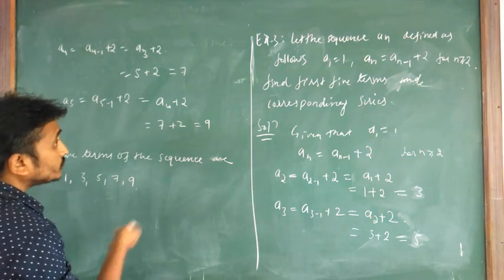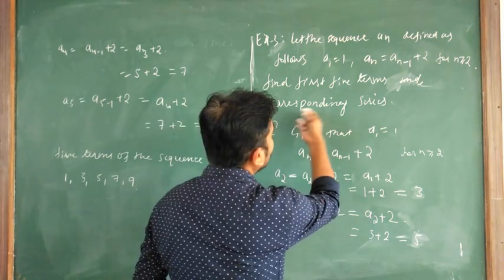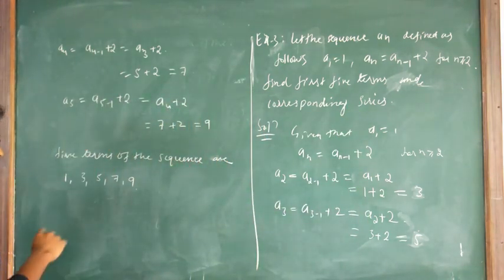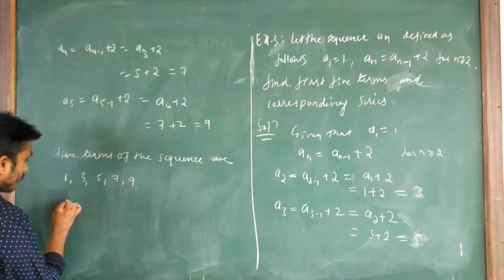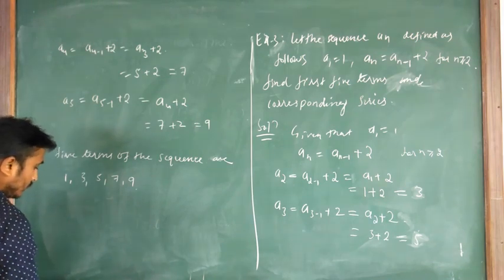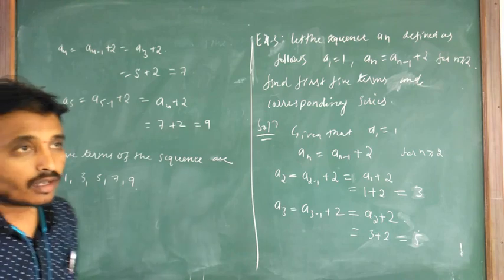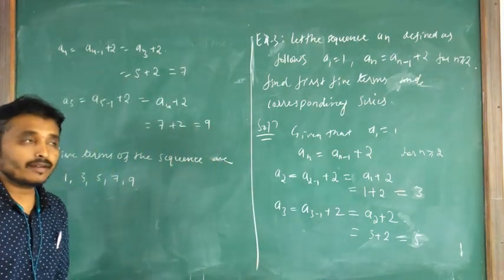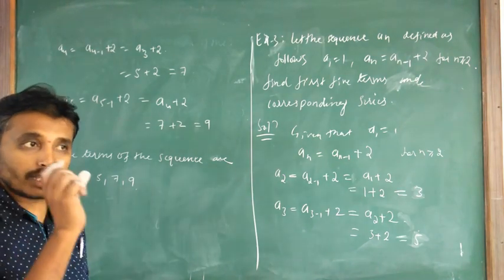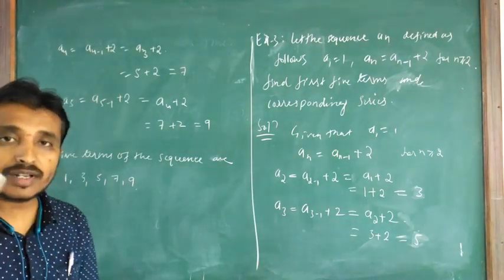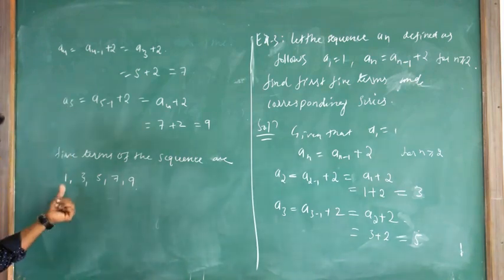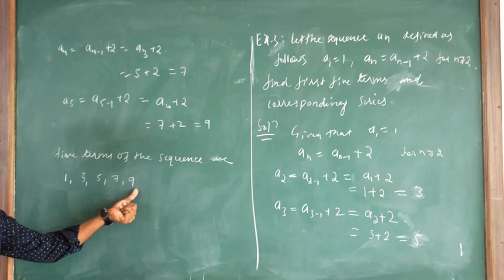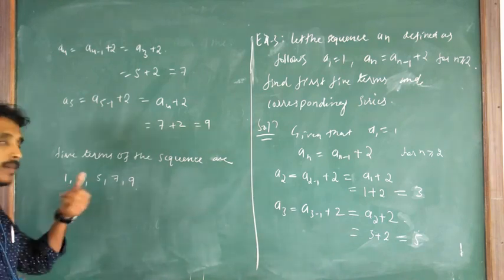They also ask us to find the corresponding series. What is a series? a1, a2, a3 and so on up to an is a sequence, and the expression a1 plus a2 plus a3 and so on up to plus an is a series. Here we have a1, a2, a3, a4 and a5. Just replace commas by plus.